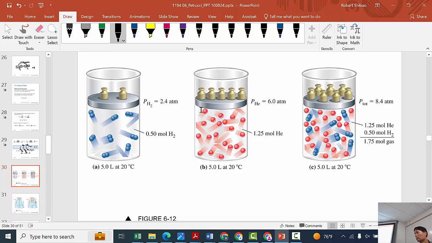Dalton's law for pressure and Dalton's mixture are the same thing. Dalton's law is a mathematical equation describing the Dalton's mixture.